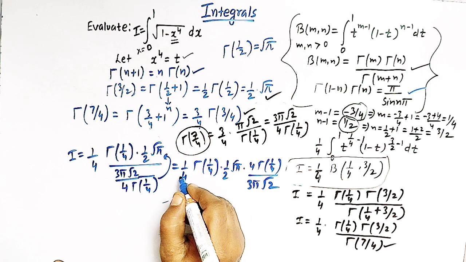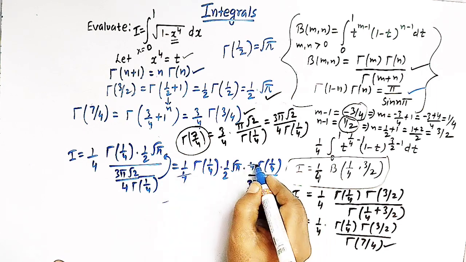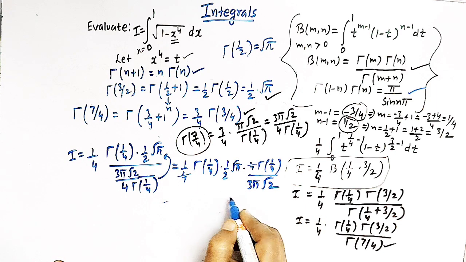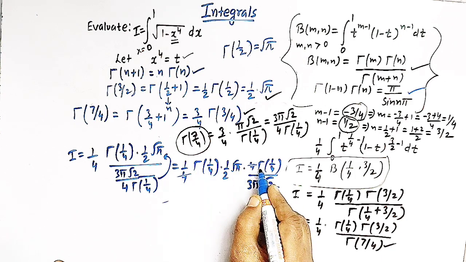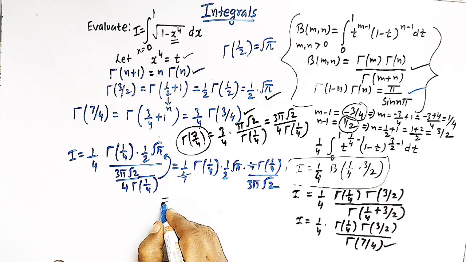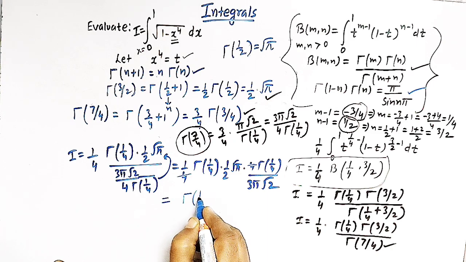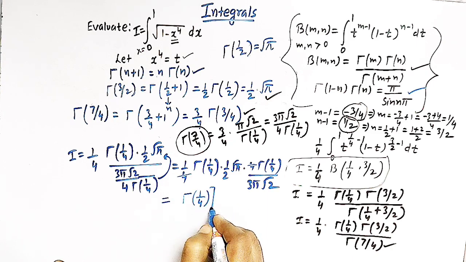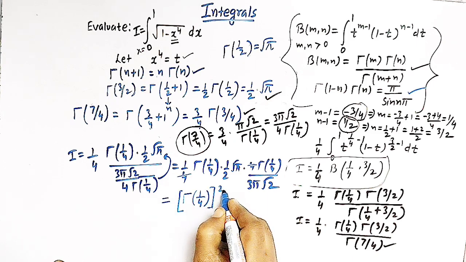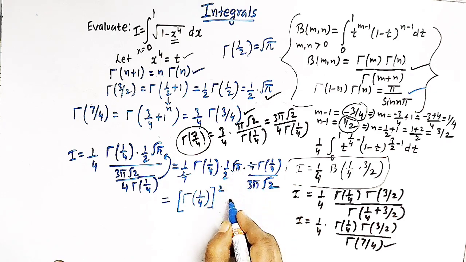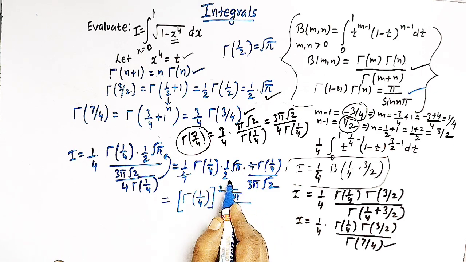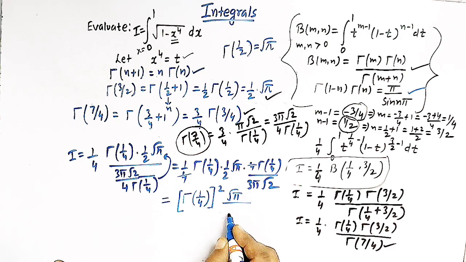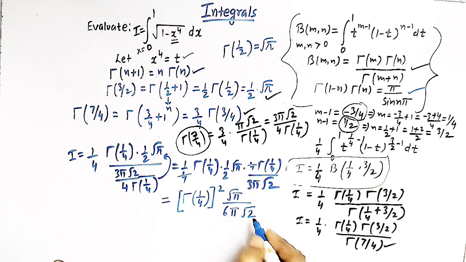So now this 4 and this 4 get cancelled, and here we have gamma 1 over 4 times gamma 1 over 4. So we can now write gamma 1 over 4 square, and then here we have root pi, and in the denominator we have 2 times 3, that is 6, and we have 6 pi root 2.